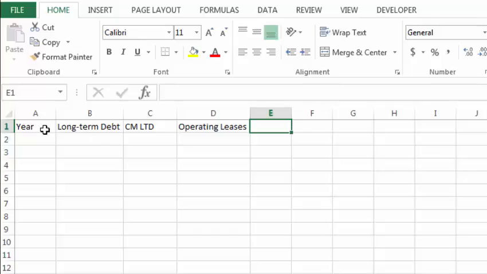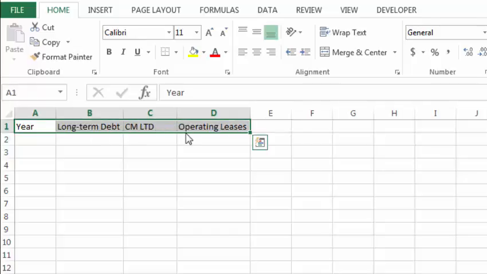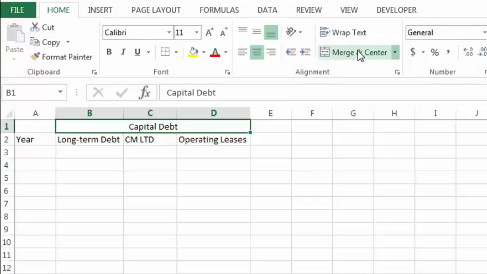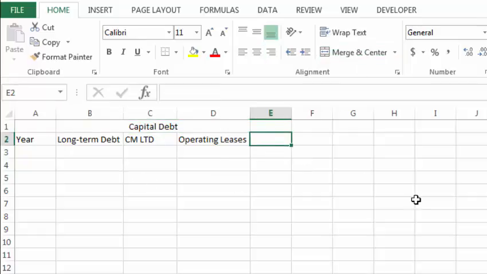And in fact, what I could do, just to make this even more obvious, I'm going to move that down and then say, this is capital debt. And then just highlight all of that, move up here, merge and center, and then move next door and say, in addition to that, we want the market value of the equity.